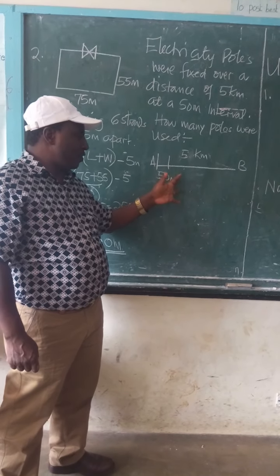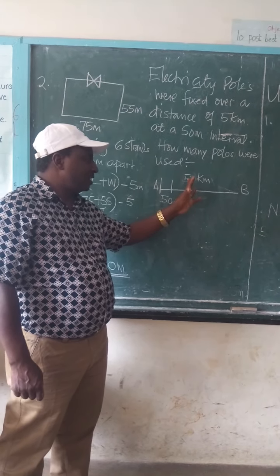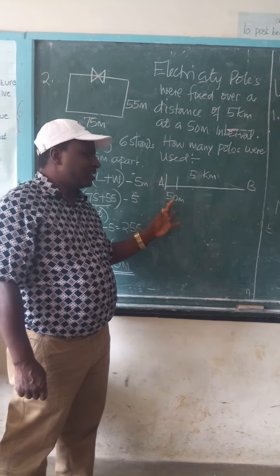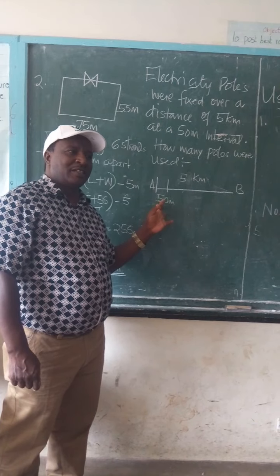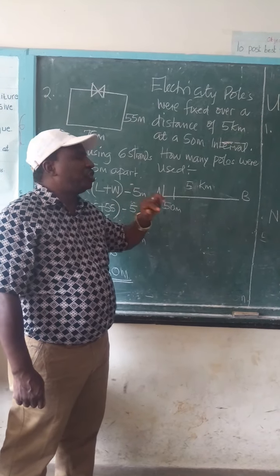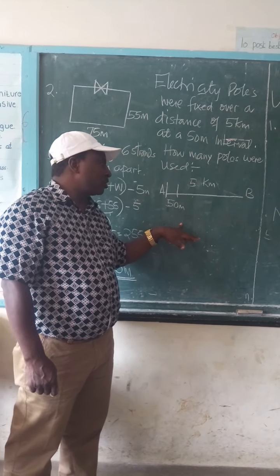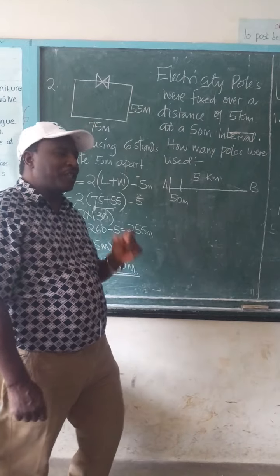When you look at the distance from point A to point B, it is 5 kilometers, but the intervals you have given us are in meters. So we must change the bigger units to the smaller units so that we are able to work with the same units.